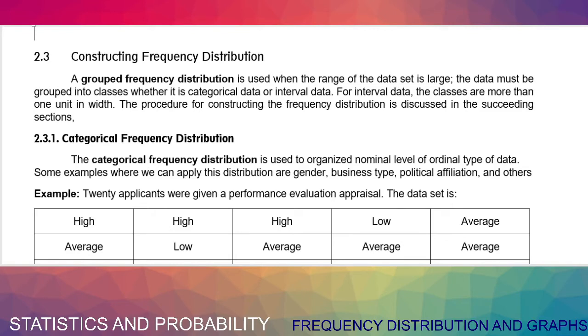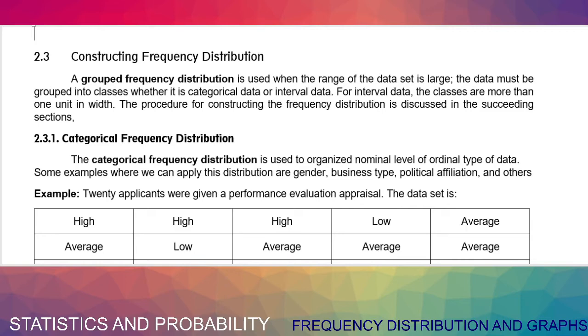The categorical frequency distribution is used to organize nominal level or ordinal type of data. Some examples where we can apply this distribution are gender, business type, political affiliation, and others. Those are where it is used. I told you earlier that for categorical, all of the data is nominal. Okay, next. Example: 20 applicants were given a performance evaluation appraisal.